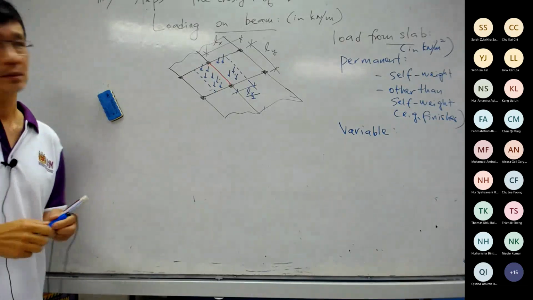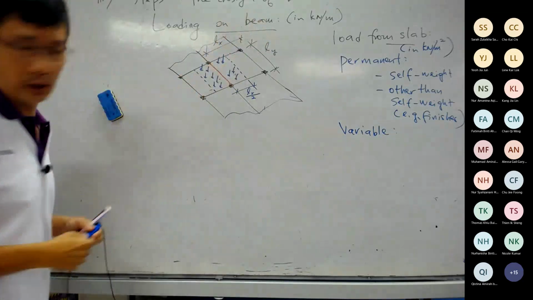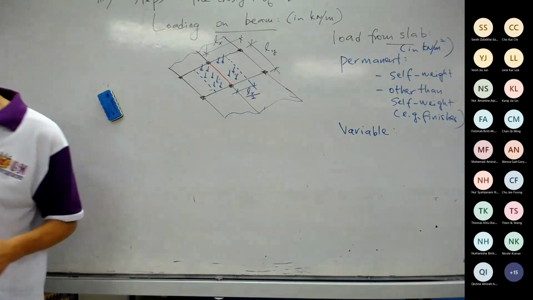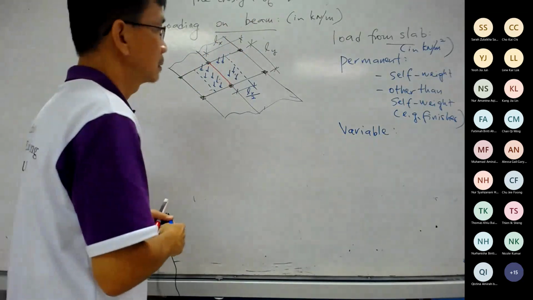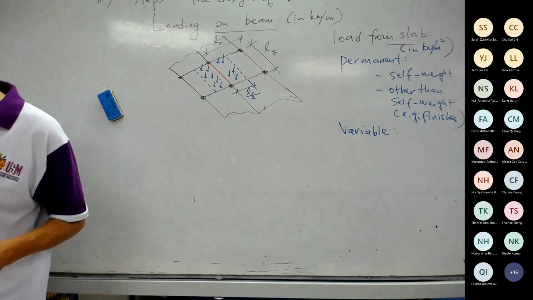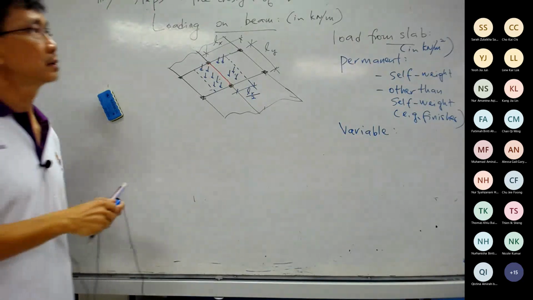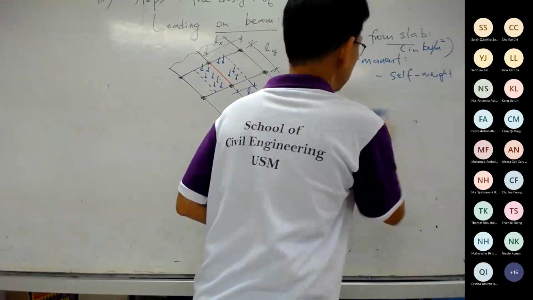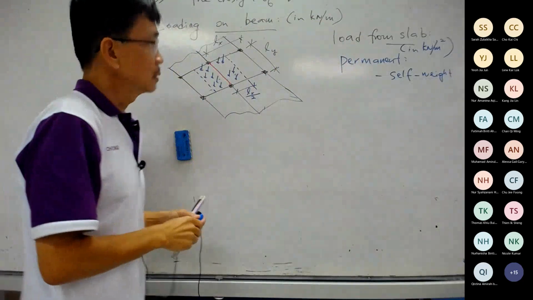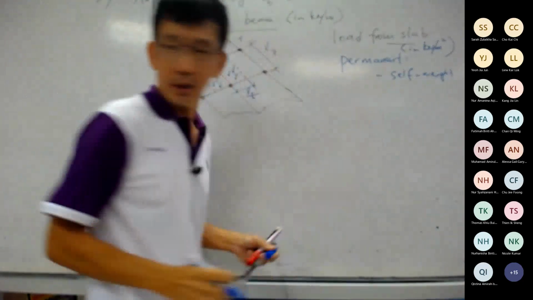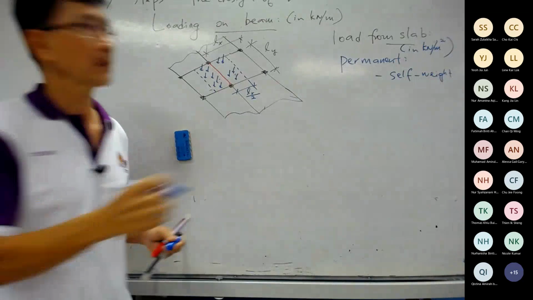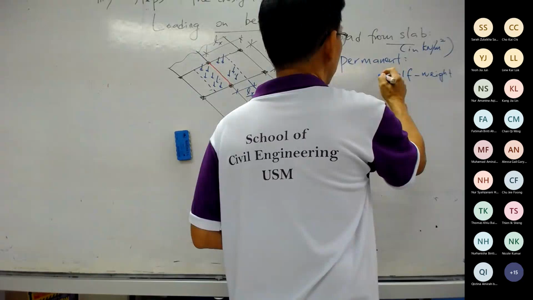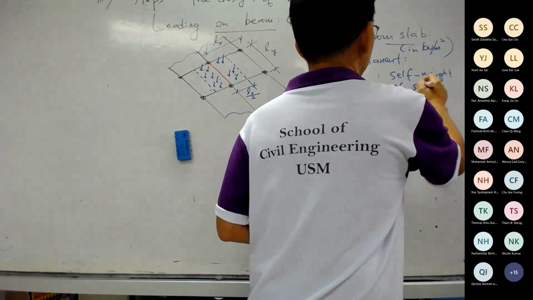Now, how do we convert this into kilonewton per meter? We first look at the self-weight of the slab. Permanent, first one, self-weight of slab.